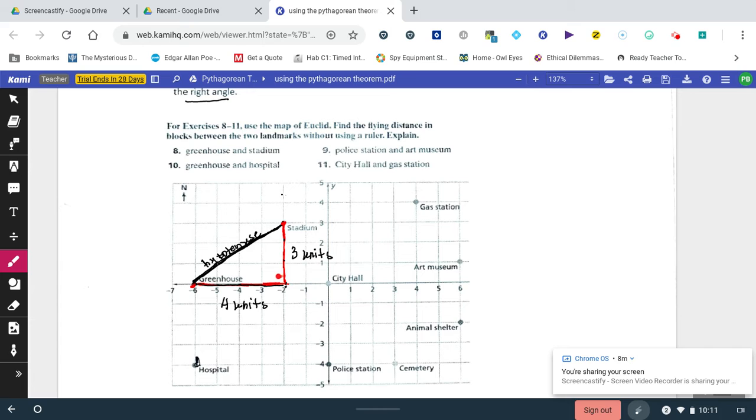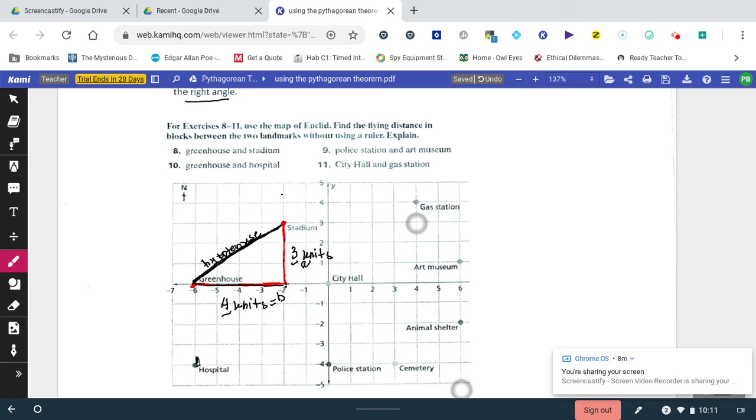There's your right angle. So if they make the right angle, what are they called? They're called legs. So therefore, they're your A and your B. Now, it doesn't matter. I could have let this 4 units be A and the 3 units be B. A and B are interchangeable because a leg is a leg. So it doesn't matter which one is A and which one is B.